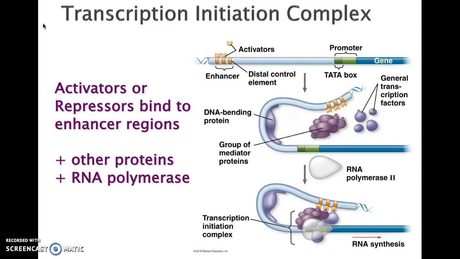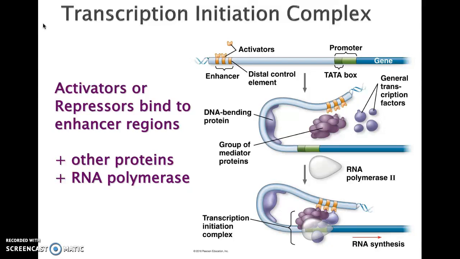So these activators are going to bind to the control element or the enhancer region, and it allows for the proteins to bind to other proteins. So protein-protein interactions are really important for transcription.